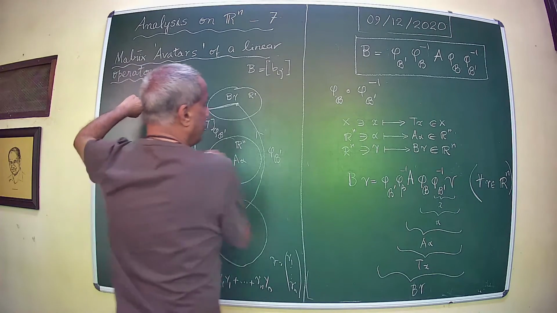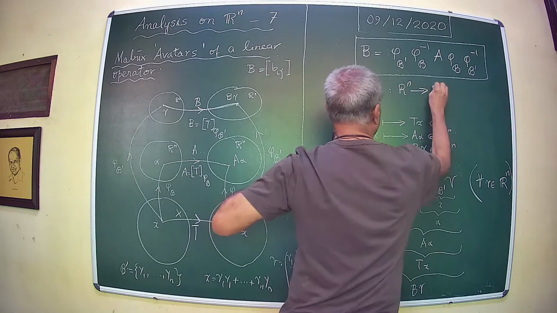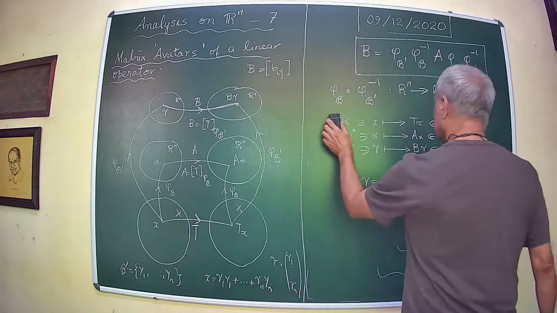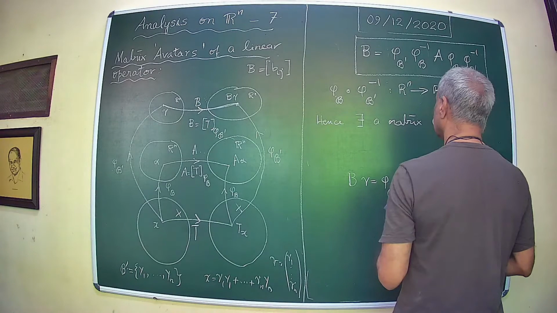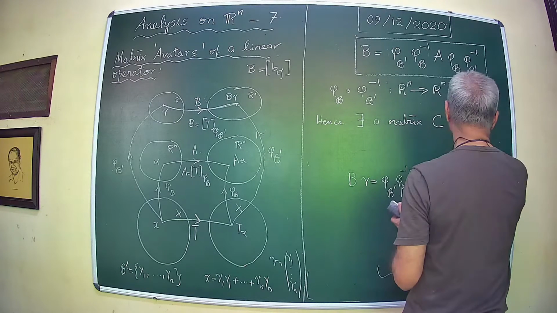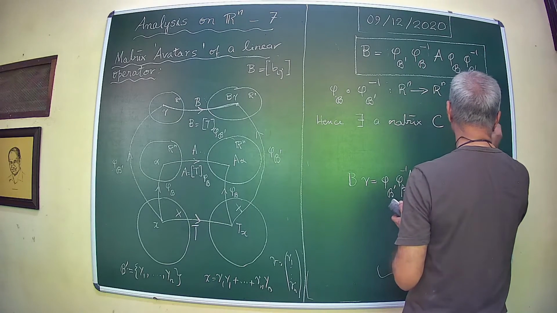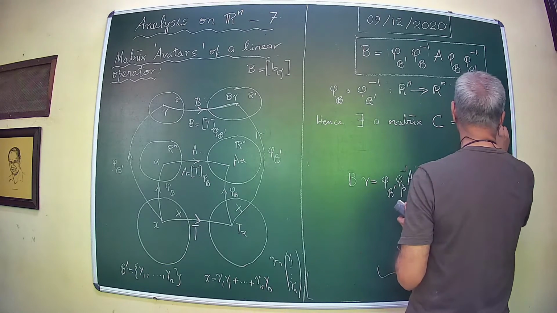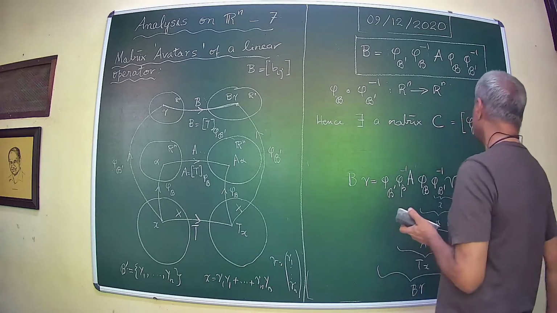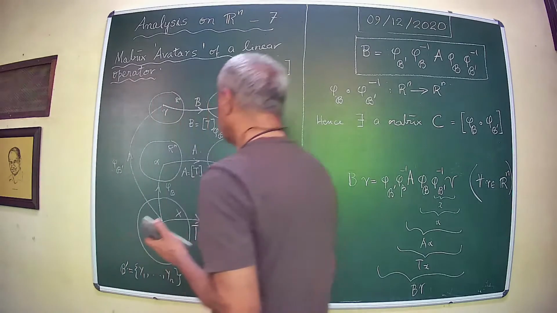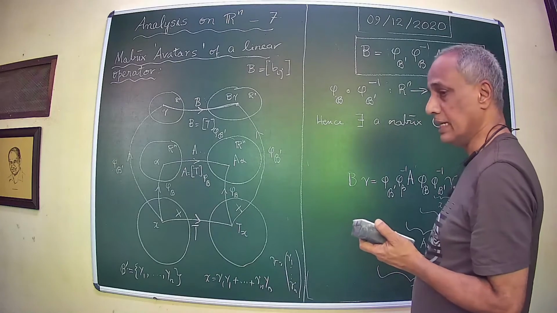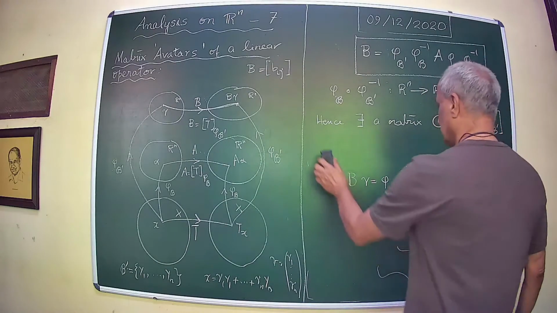So this is a map from Rn to Rn, and hence it is represented by a matrix C. All this discussion in Rn you can work in the standard basis.